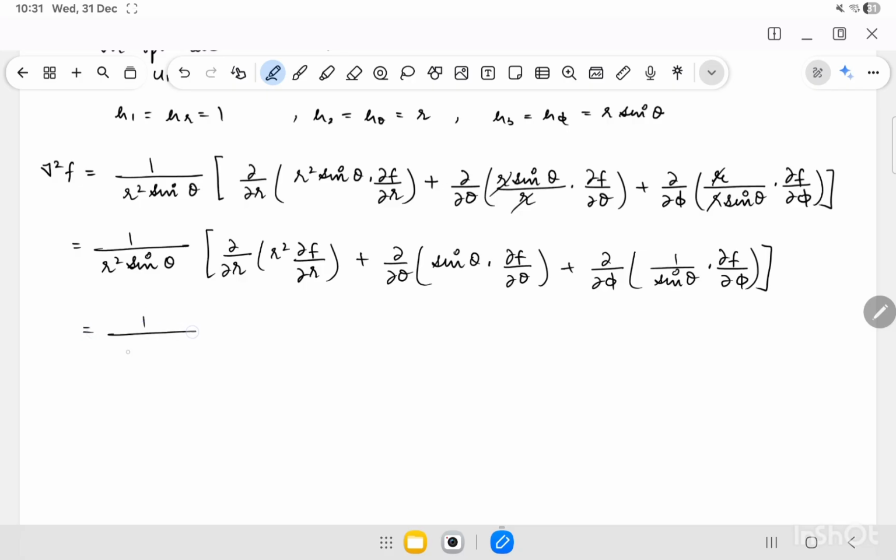We can write it as 1 by r square sin theta. Here we have sin theta as well, so this sin theta can be pulled outside because we are partially differentiating with respect to r.